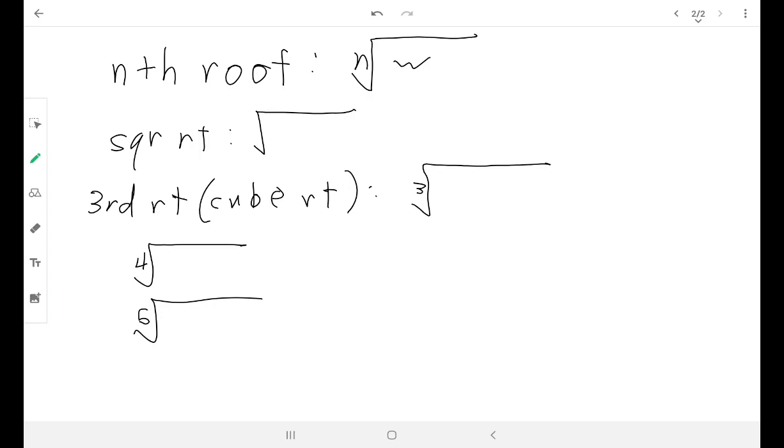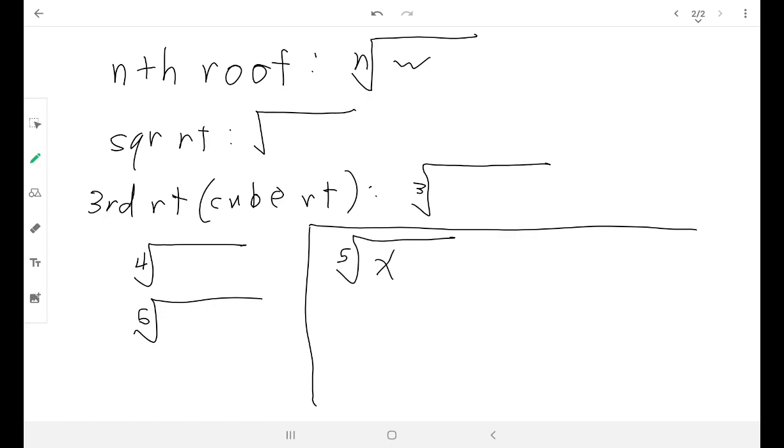Okay? One thing that you need to know is that if I'm taking, I'll put a little box here, if I'm taking, say, the fifth root of some number, then that is the same as that thing raised to the 1/5 power.